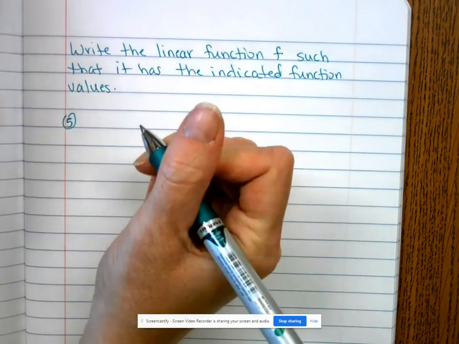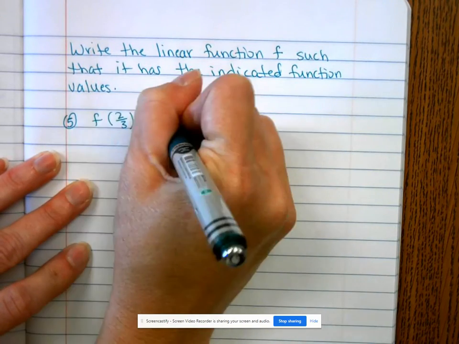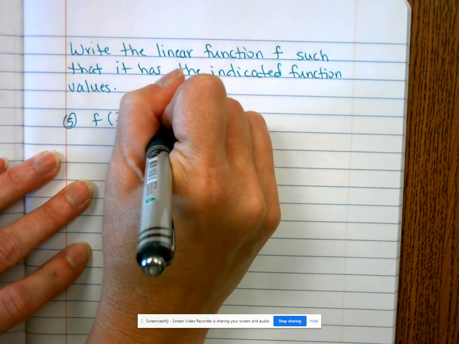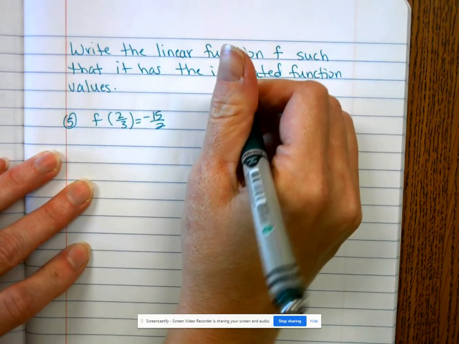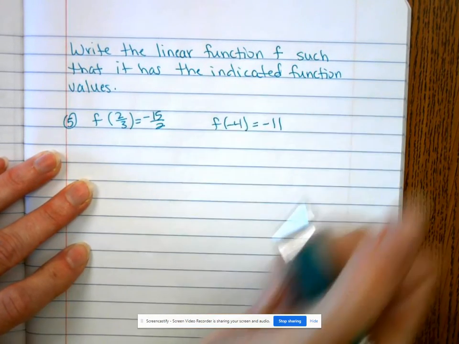All right, so number 5 says that f of 2/3 is -15/2, and f of -4 is -11.